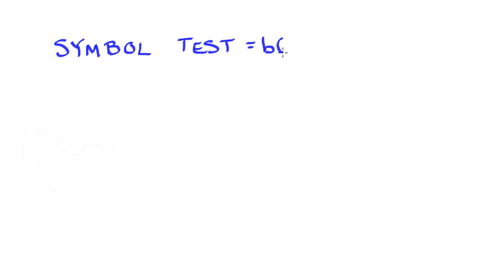For example, if I have a symbol with the Picaxe, and let's just call it test, and I've set it equal to byte 0, that's a specific location in the Picaxe memory, that's going to use 8 bits someplace.